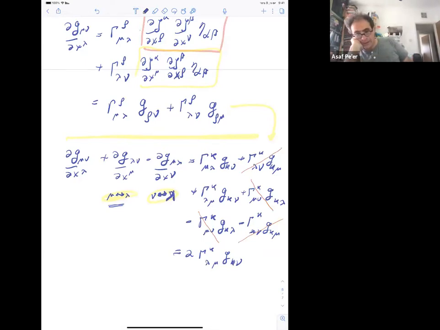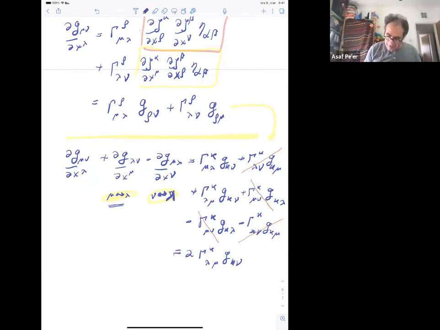Again, I was making use of the fact that both gamma, the affine connection, and G are symmetric under the exchange of the lower two indices. The upper index is just a dummy index anyway.